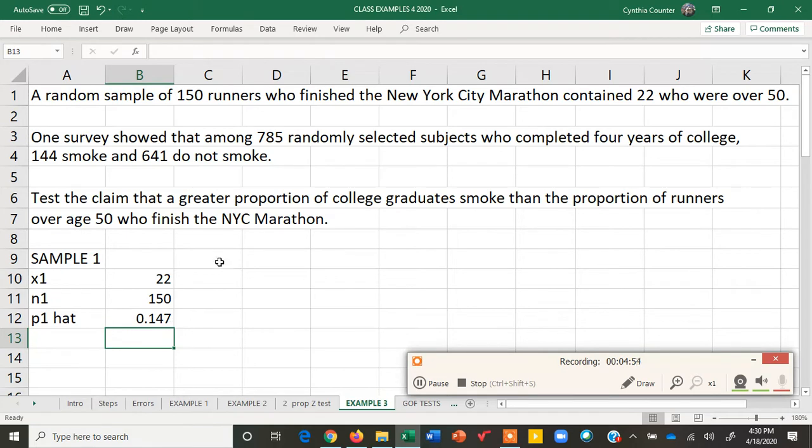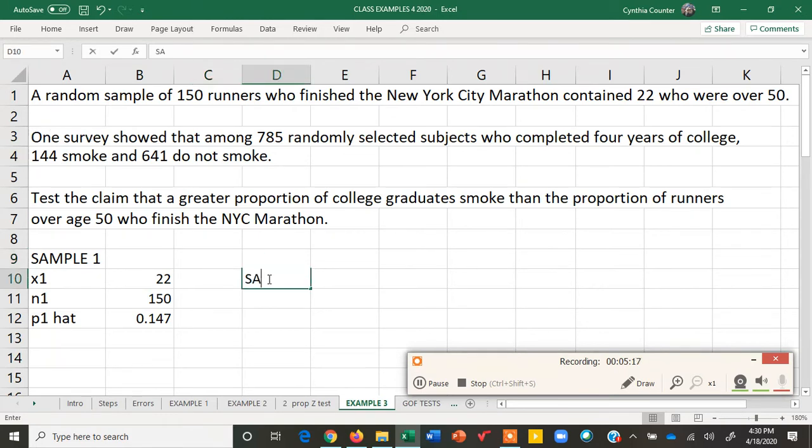Okay, sample 2. We've seen this one if you've watched my previous videos. We have here the sample of students who completed 4 years of college and how many of them smoked. So we have our 785 college graduates, of which 144 of them were smokers.